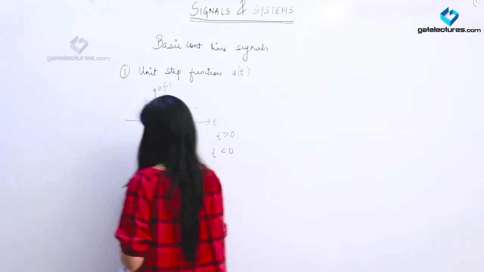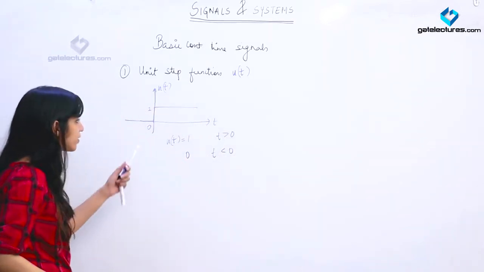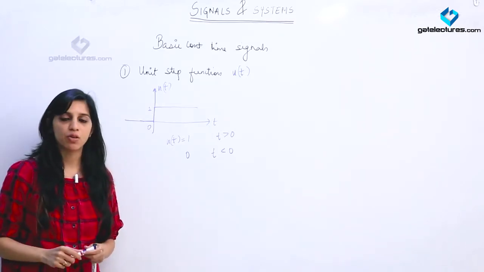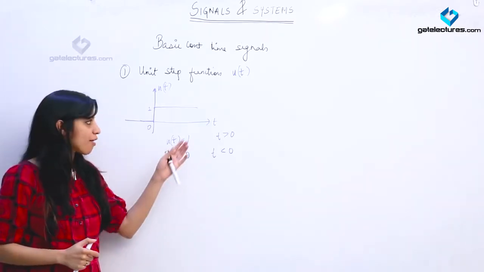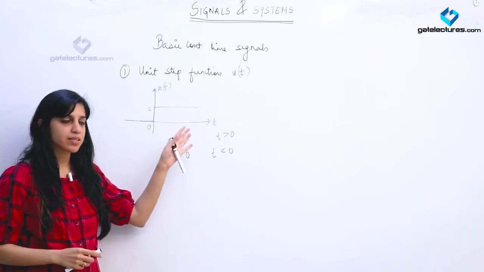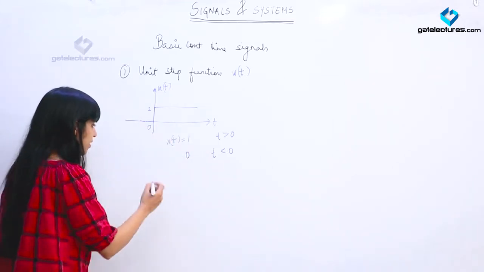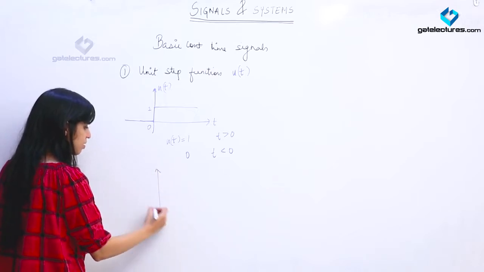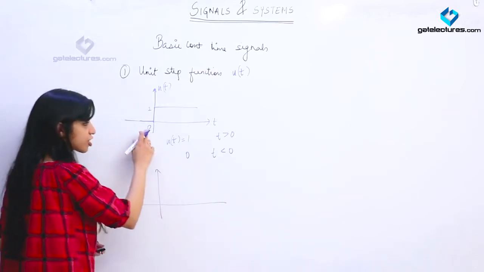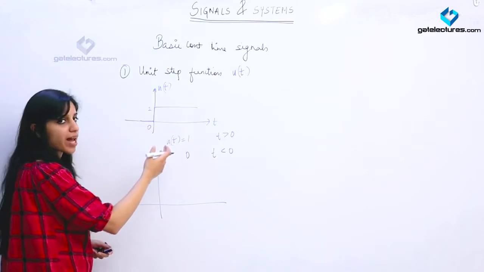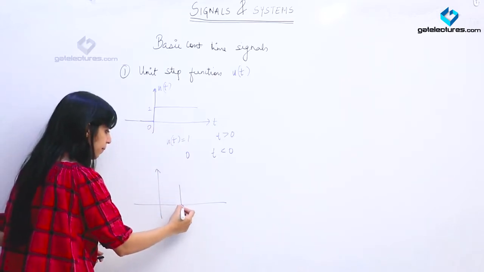Now suppose I want to shift this function. I want that this function should have value 1 for all time intervals after t is equal to 2 and should be 0 for all the time before t is equal to 2. Then what I can do is just shift this entire function to the right by 2 units.